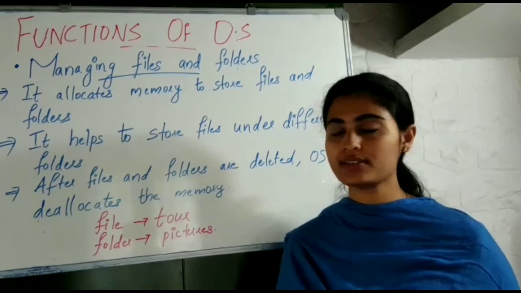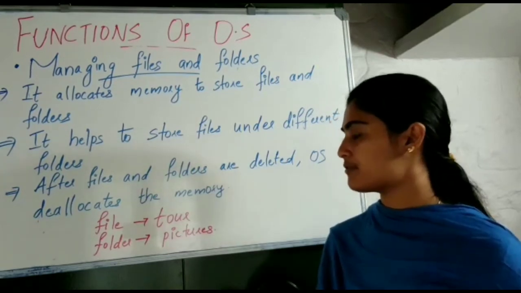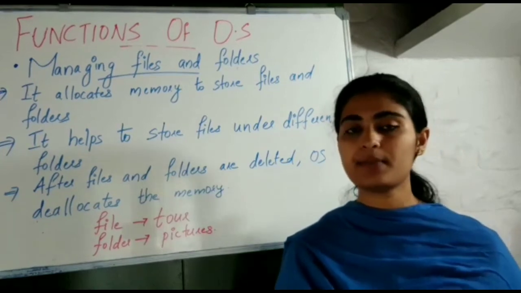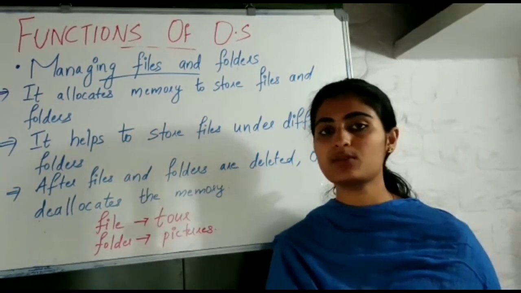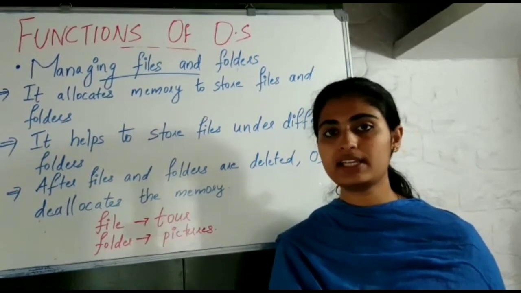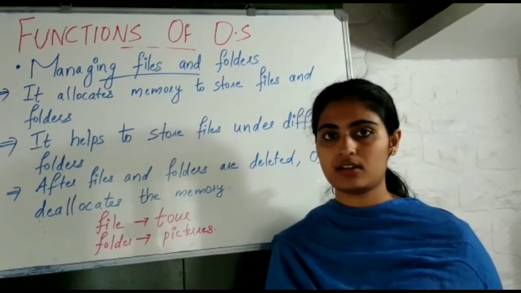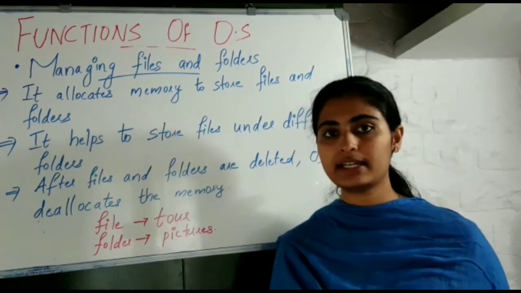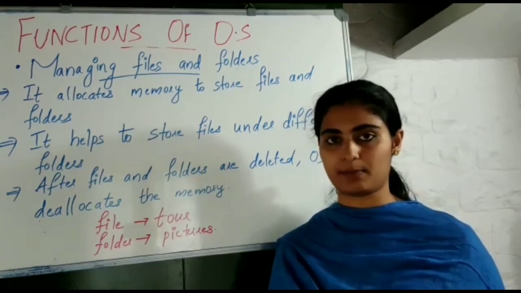And third point is after the files and folders are deleted, operating system deallocates the memory space. I don't want this file named tour inside my computer. So I am deleting that particular file. So what happens is operating system will automatically deallocate that space from the memory.